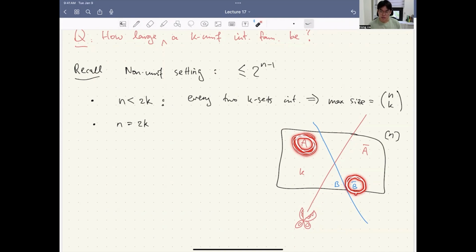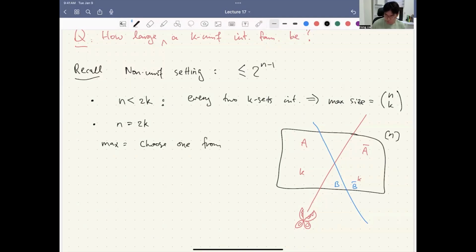With that being said, that means for all pairs, we can choose exactly one. And that's the best we can do. So the max is to choose one from each complementary pair.